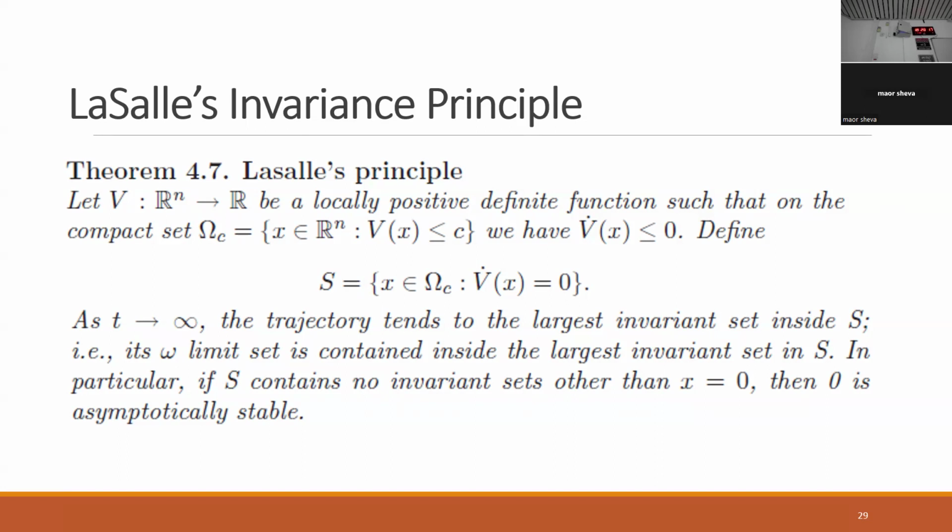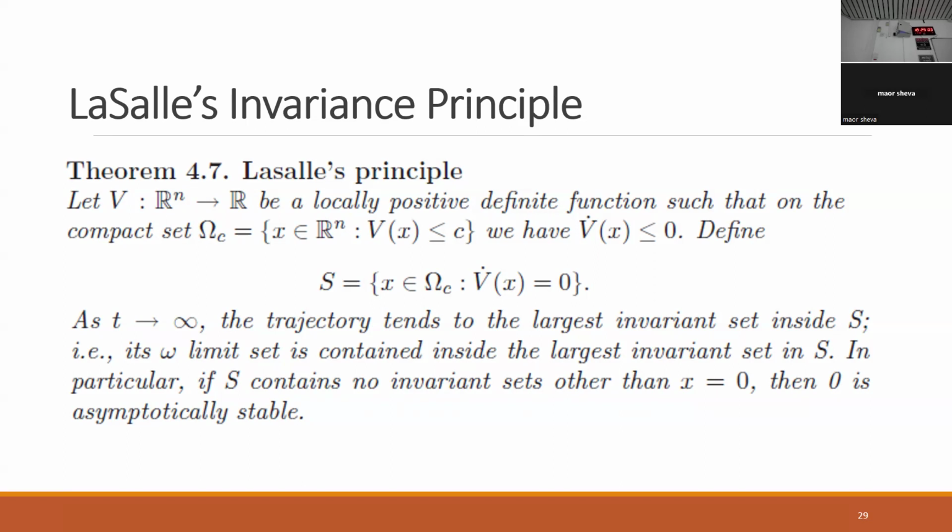Then we define S as the set where X is in omega, which is a compact set, such that V of X is smaller than C and V dot is 0. So we take all the X's in which V dot is 0. So now we look only on the set where V dot is 0.